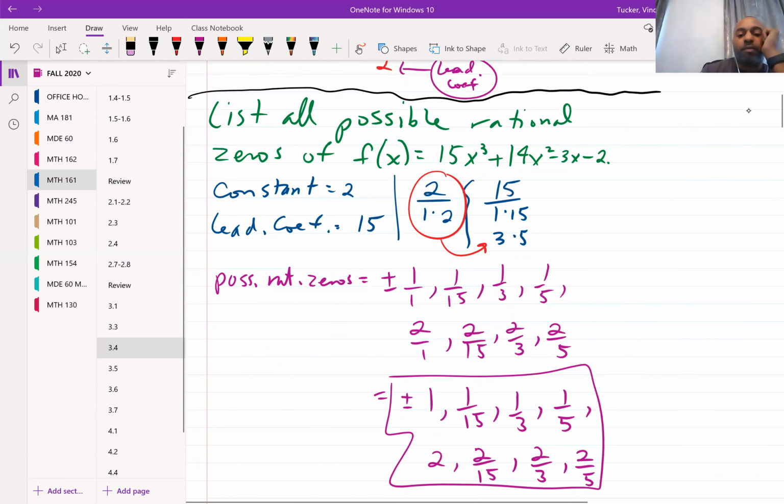So simplify your terms. 1 over 1 is just 1, 2 over 1 is just 2. And we have 16 possible rational zeros.